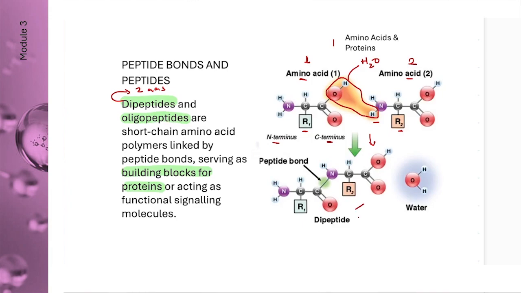So this formation of a dipeptide happens as a result of the mono amino acids in a condensation reaction losing water. The bond that is formed when two amino acids come together is called a dipeptide bond, and this happens in a condensation reaction where water is lost.